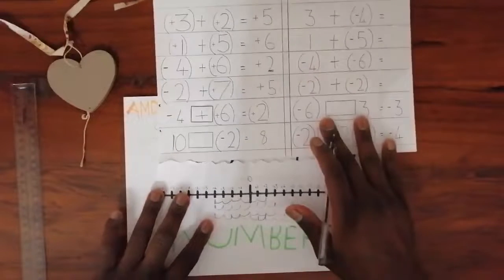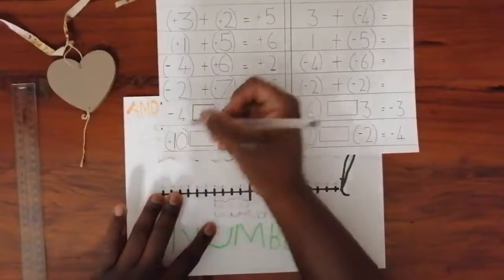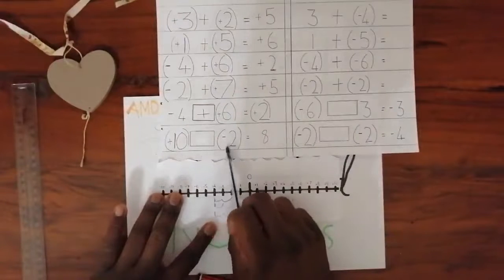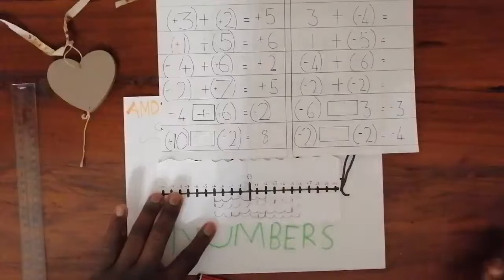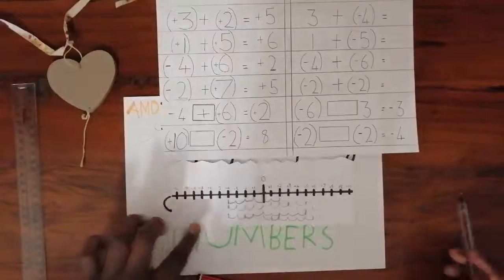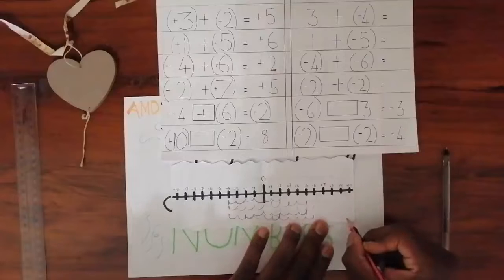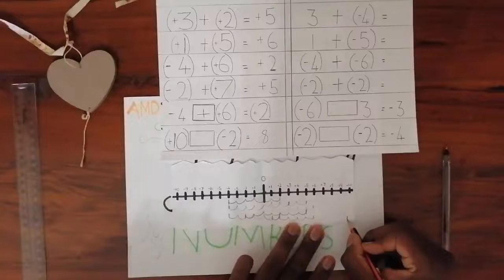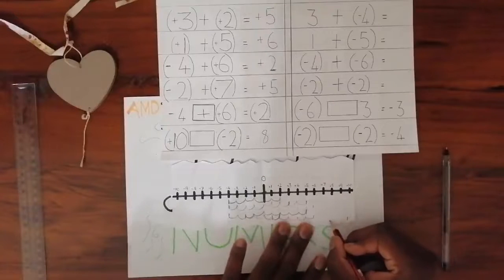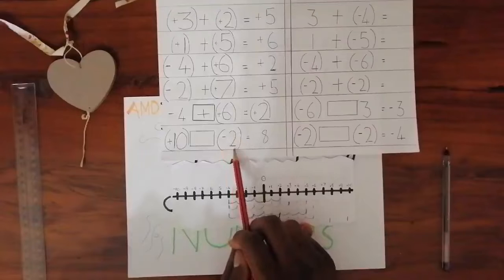Let's try another one. Plus 10 dash minus 2 equals 8. Let's try again. So we go to our number line and our start point is plus 10 all the way at this end. We know our answer should give us 8. And the second number is minus 2.